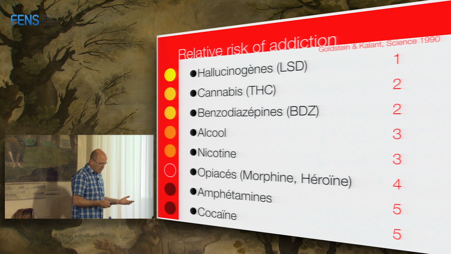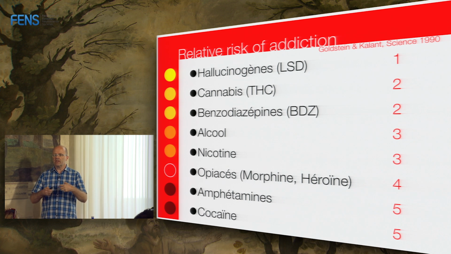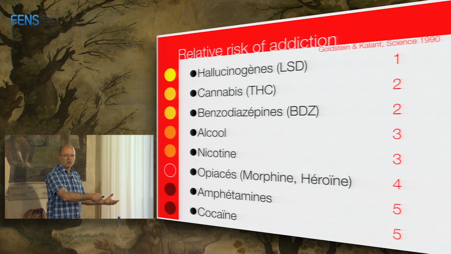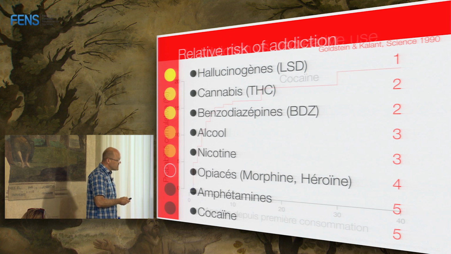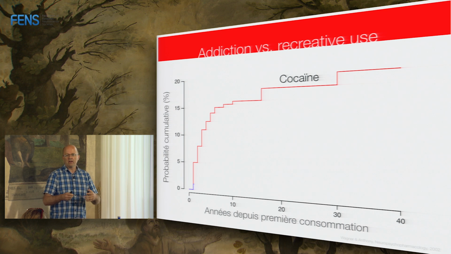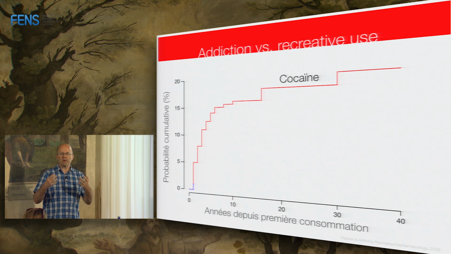And probably the study that came closest to really demonstrating that risk of turning from the controlled recreational use into the compulsive addictive use is this landmark study from Wagner and Anthony, where, admittedly in a retrospective fashion, they looked at the fraction of people who would fulfill the criteria of drug addiction after many years of use of cocaine.